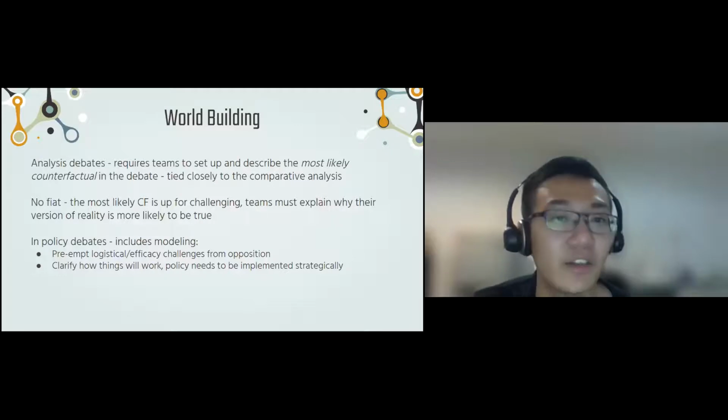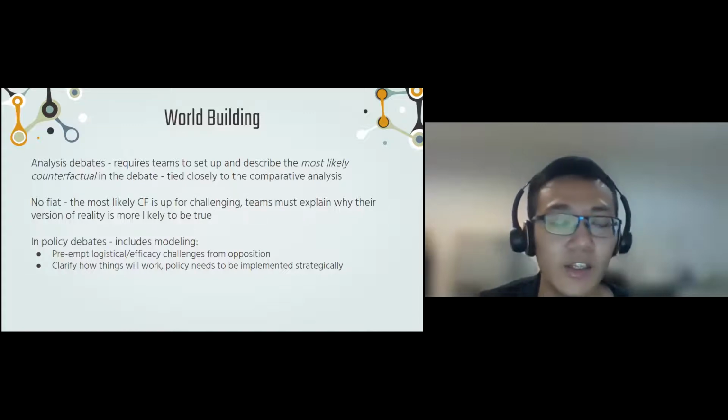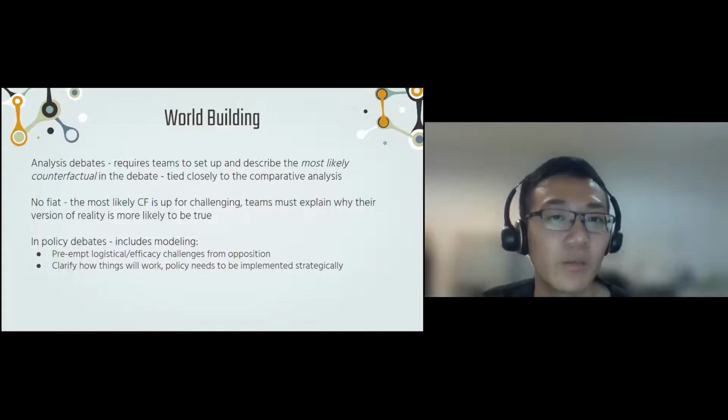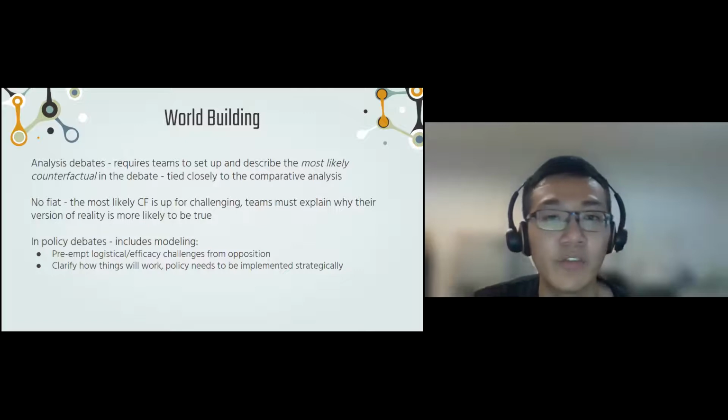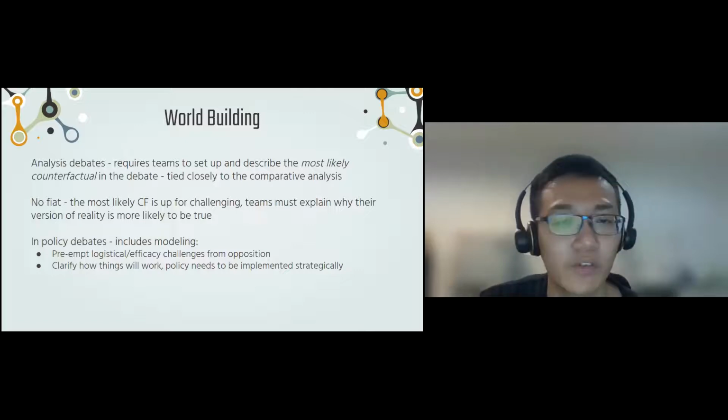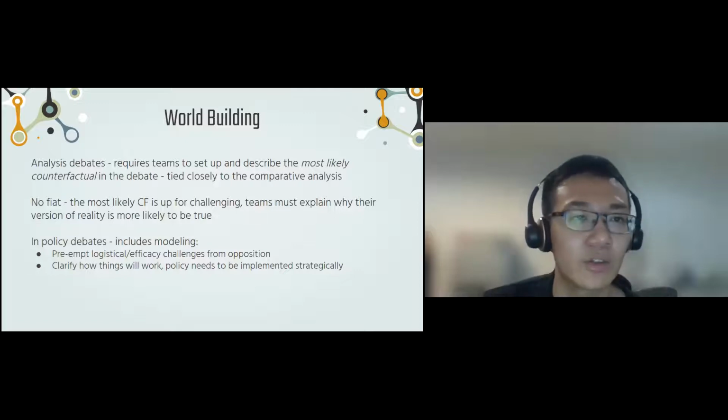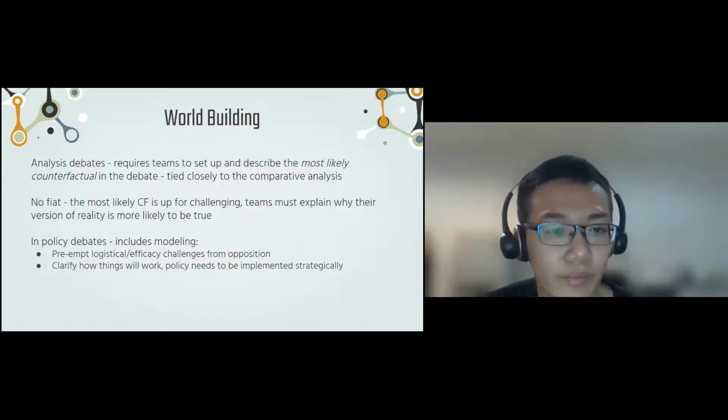Look at the incentive structures of other political organizations, other politicians and political parties, the extent to which they're willing to compromise in the best case of government, and whether they actually get those benefits. So challenging the counterfactual is perfectly legitimate within the rights of the opposition in this round. There's no fiat for government to say that this is the counterfactual, therefore this is what we must debate.